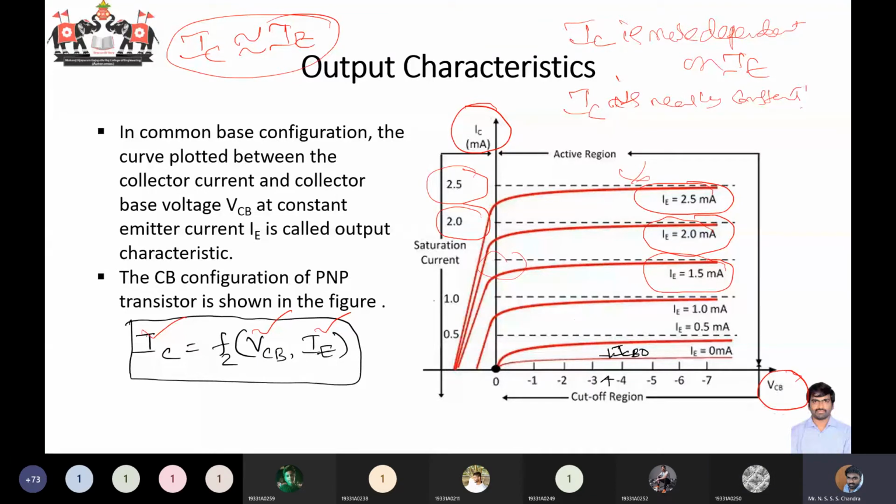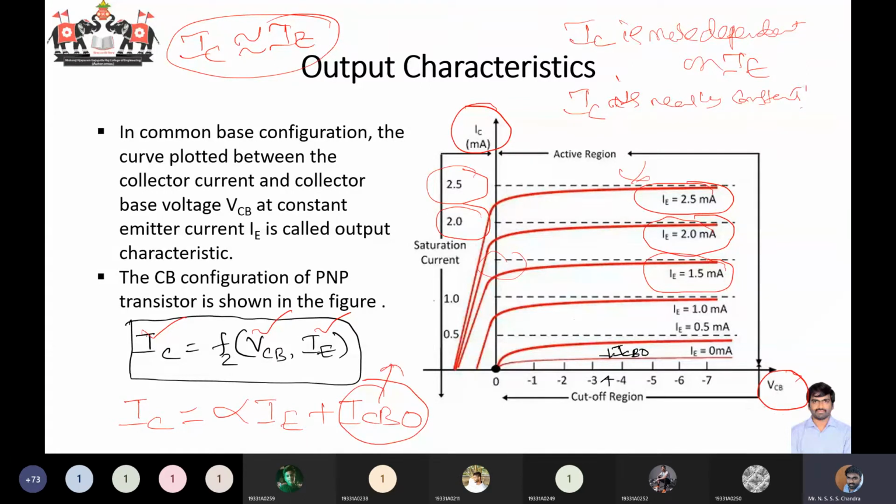If you remember this equation, you know that IC is equal to alpha IE plus ICB naught. Can you recall this equation? You know that ICB naught is a very minute current.